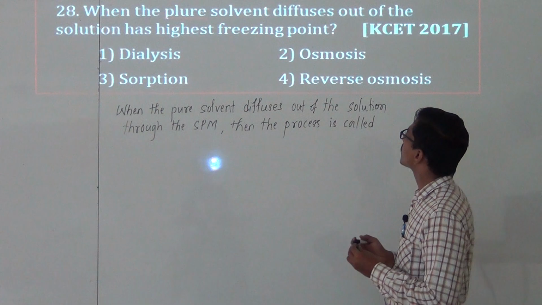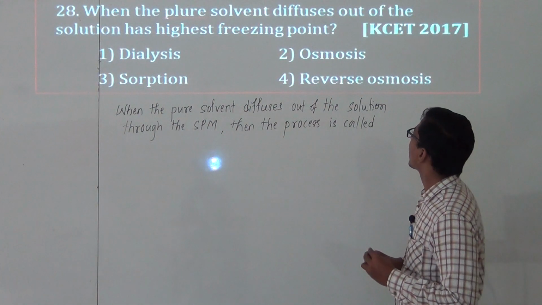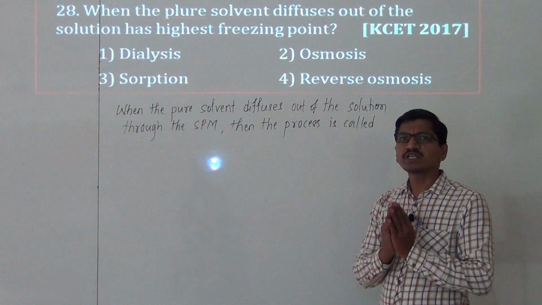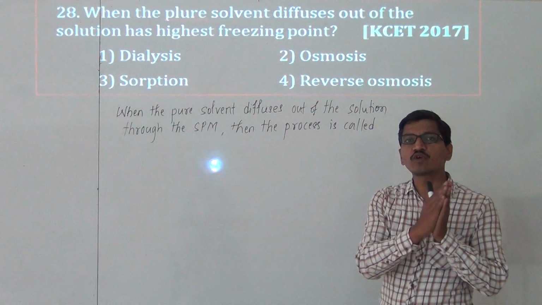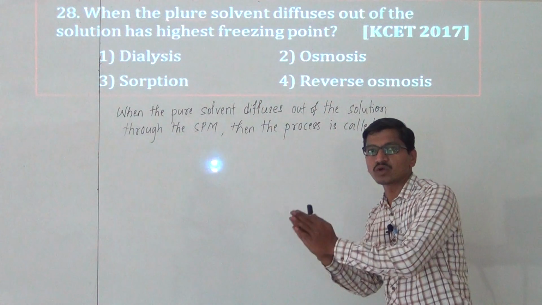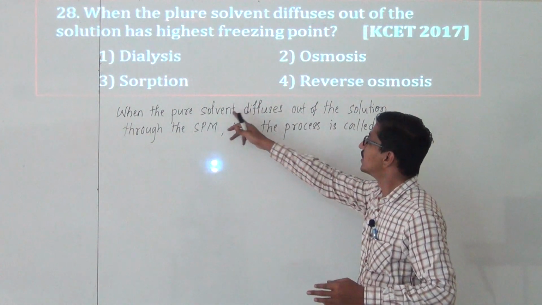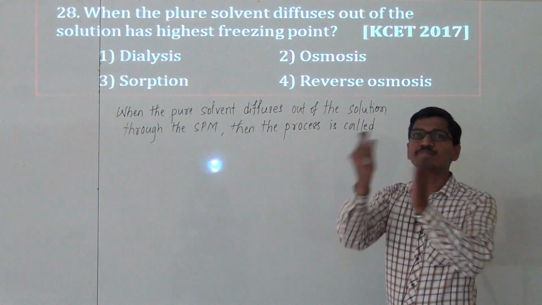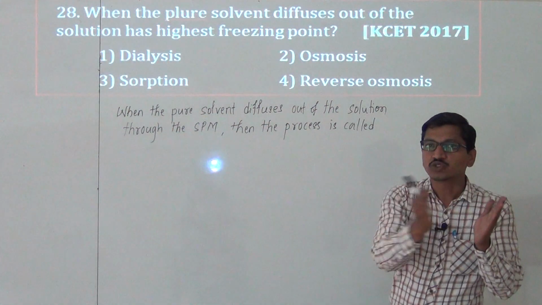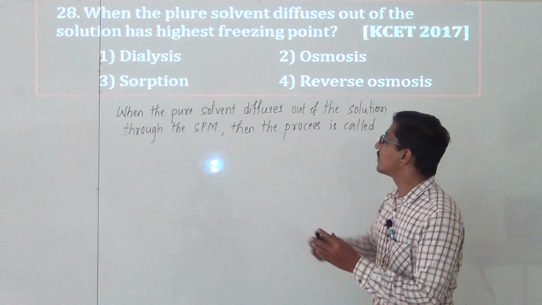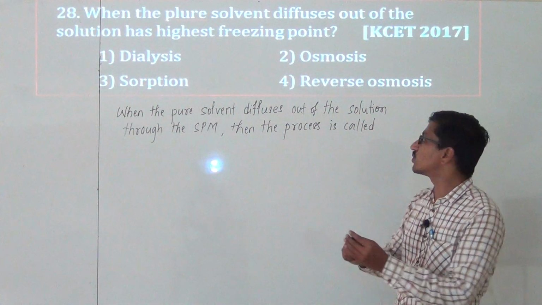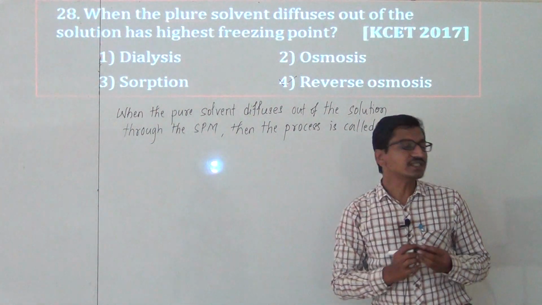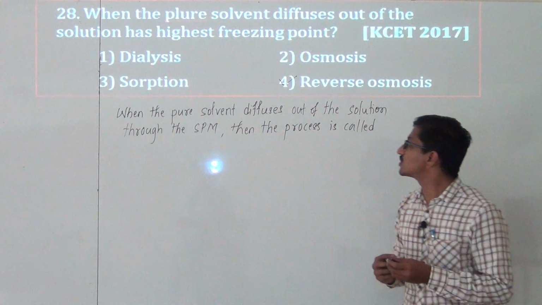Options: dialysis, osmosis, sorption, and reverse osmosis. Generally, osmosis is nothing but the flow of solvent molecules from lower concentration to higher concentration. But here, pure solvent diffuses out of the solution. Solvent is diffusing from the solution through semi-permeable membrane, which is the reverse of osmosis, that is reverse osmosis. This process is called reverse osmosis, and the correct option is the fourth one.